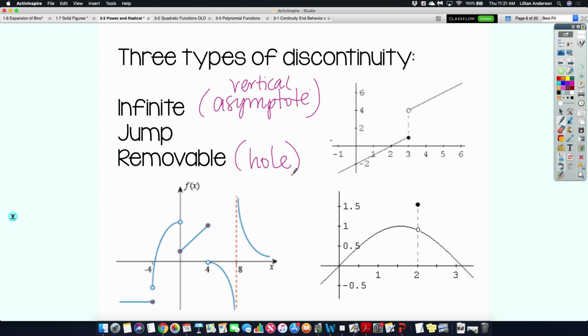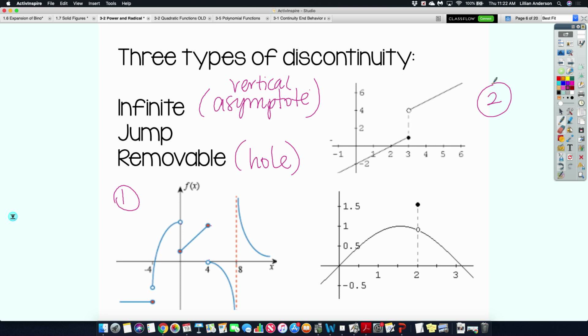Okay? Like in this first one right here, you have jumps, you have infinite discontinuity, okay, because you have an asymptote and you have to go from this point to continue, and then this point to this point, and so on and so forth. Okay? This one up here at the top, number 2, what type of discontinuity does it have? Jump. It has jump discontinuity.